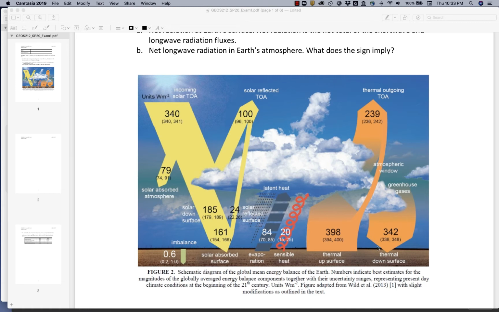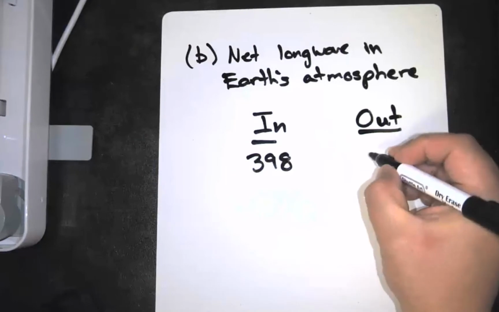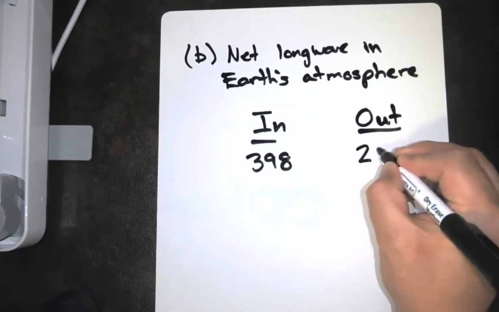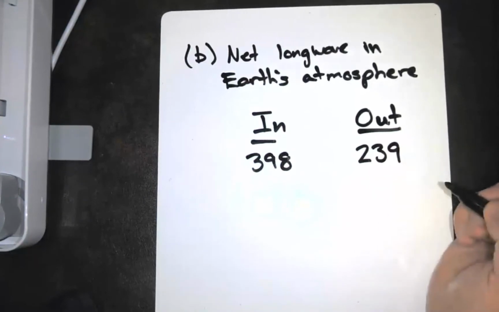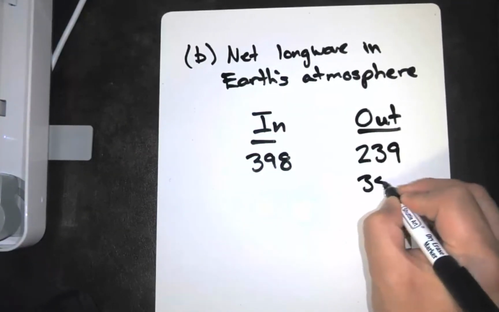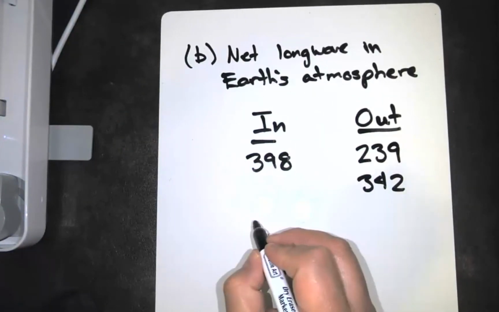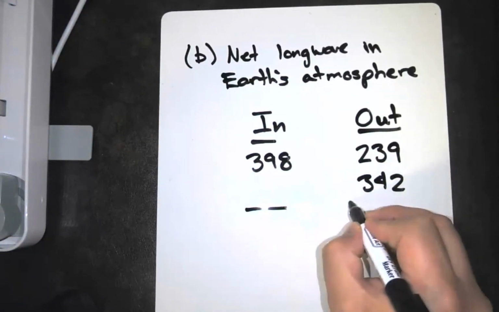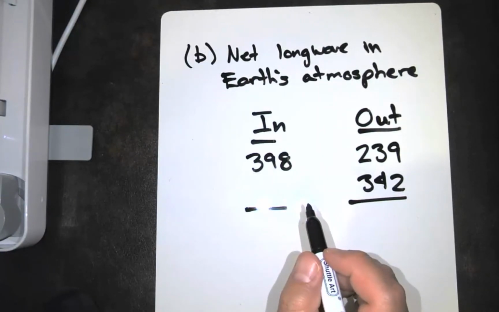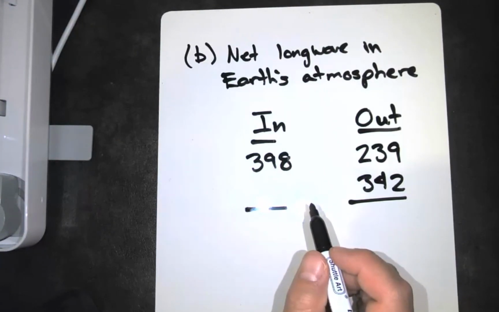So both of those are outgoing fluxes, and we are going to account for both of them. So we have a 239 and we have a 342, and that is the entirety of all of the long wave or thermal energy fluxes coming into or going out of the atmosphere.